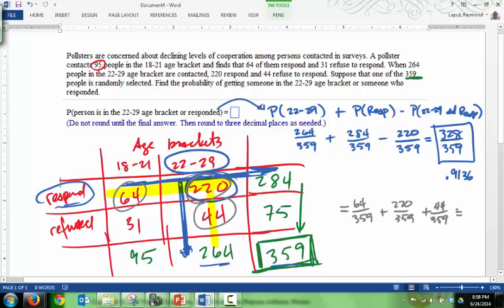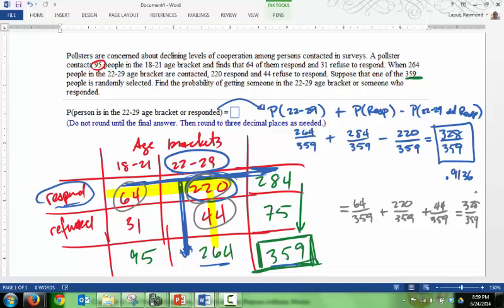Then what should I get out of this? If you were to add the numerators together, the same thing. So you could have gotten the same answer without having to use the addition rule if you're given a table like this.